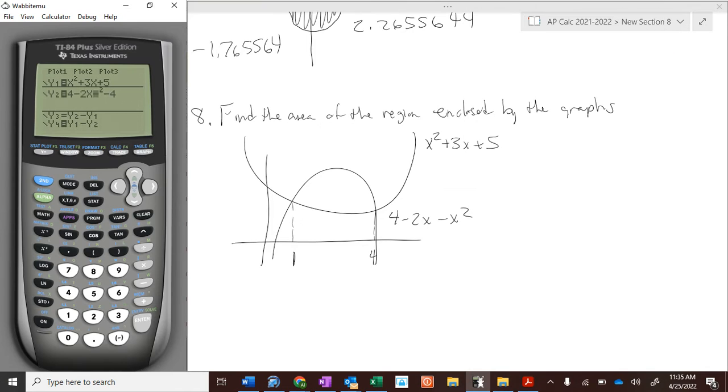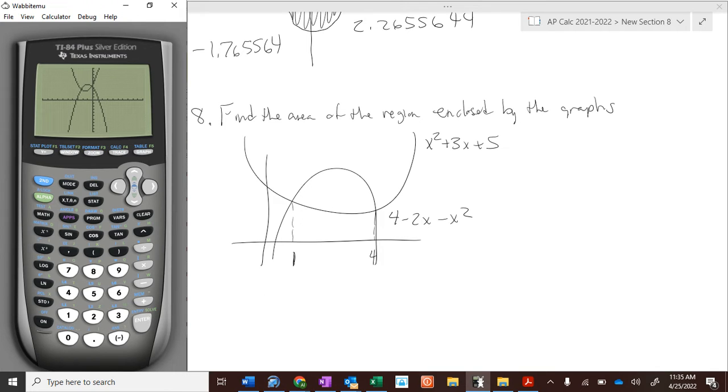Try that again: 4 minus 2x minus x squared. And then I'll shut off this extra one. Graph it, and it should make loops like that.